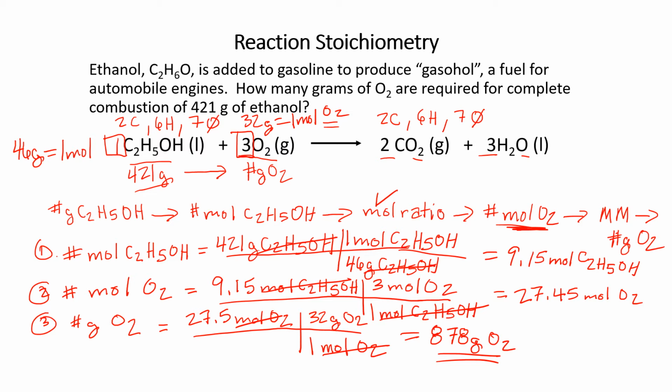All right. Now, if I was to carry this calculation out in one big, gigantic calculation, I would say, okay, number of grams of diatomic oxygen is simply equal to, start out with 421 grams of ethanol.